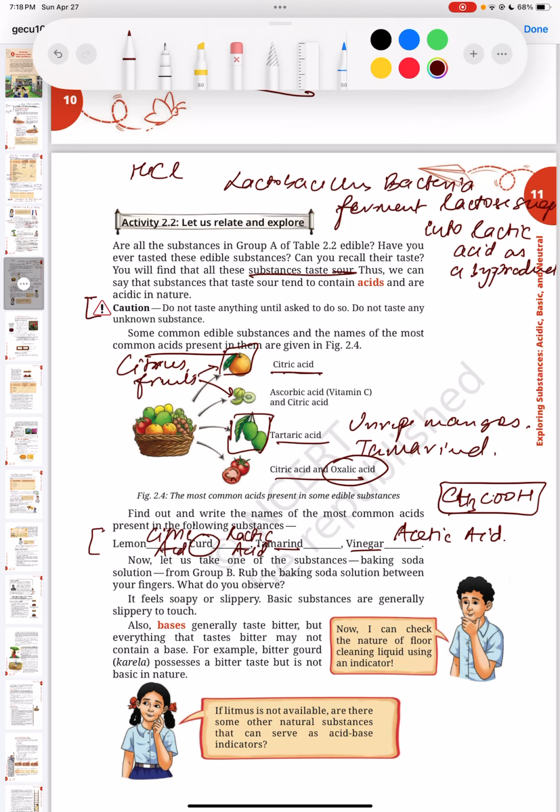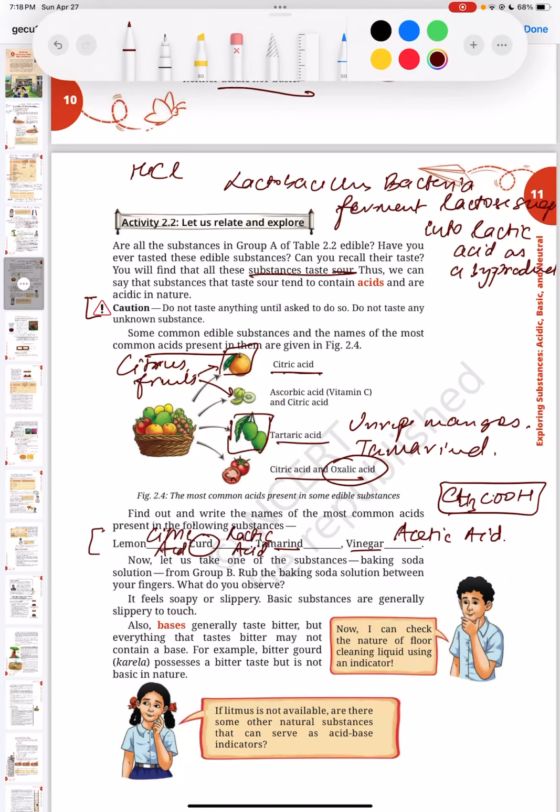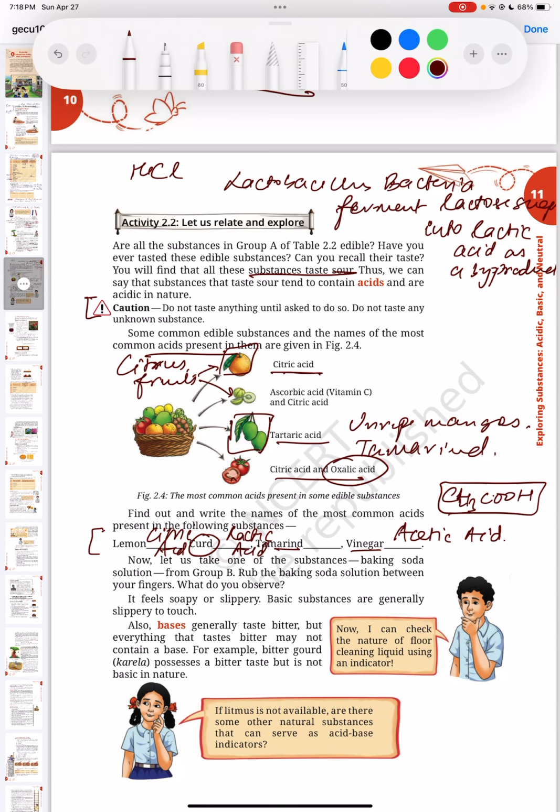So this is your acetic acid, and this is how it looks. This is the structure of acetic acid. Acetic acid is also often called ethanoic acid.